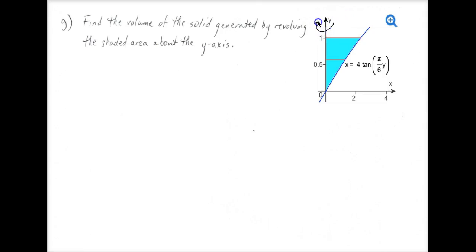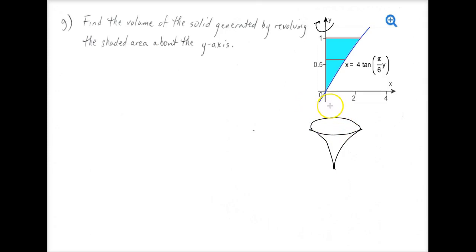So we want to take this, rotate it about the y-axis. And so what that looks like is we want to have some shape that kind of looks like this. So it looks like that's what the shape of this is going to be whenever we rotate everything. So just so that we kind of have an idea of what this is going to look like.